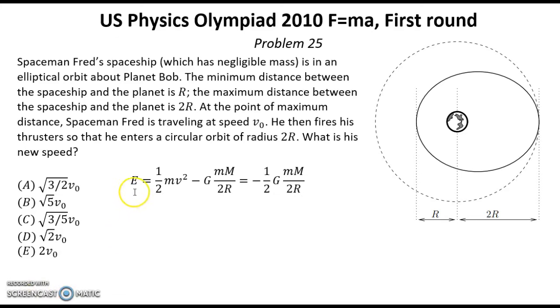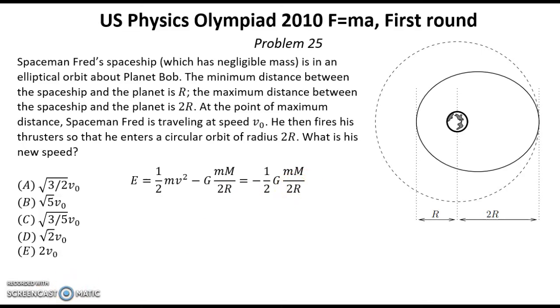We can write the equation for total energy, which is kinetic energy minus gravitational potential energy for circular orbit, and that will be negative 1/2 GMm over the radius, which is in our case 2r. But this formula actually works not only for circular orbits, but also for any elliptical orbit.